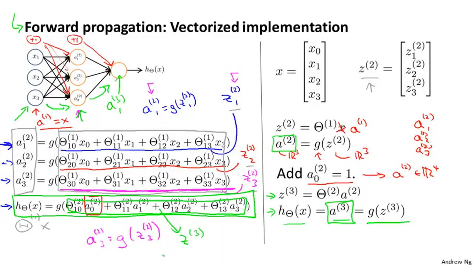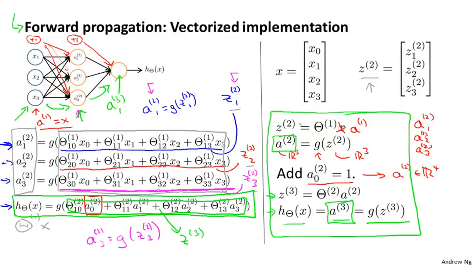This process of computing the activations from the input, then the hidden, then the output layer, is also called forward propagation. And what we just did was work out a vectorized implementation of this procedure. So if you implement it using these equations that we have on the right, this will give you a relatively efficient way of computing h of x.